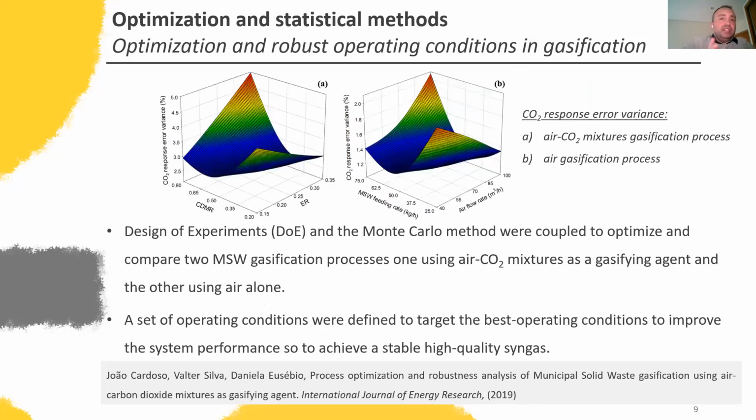For example, in this case, we use design of experiments and Monte Carlo statistical methods, and we can understand, as a function of 3 different inputs, where we should operate our reactor for a certain output.